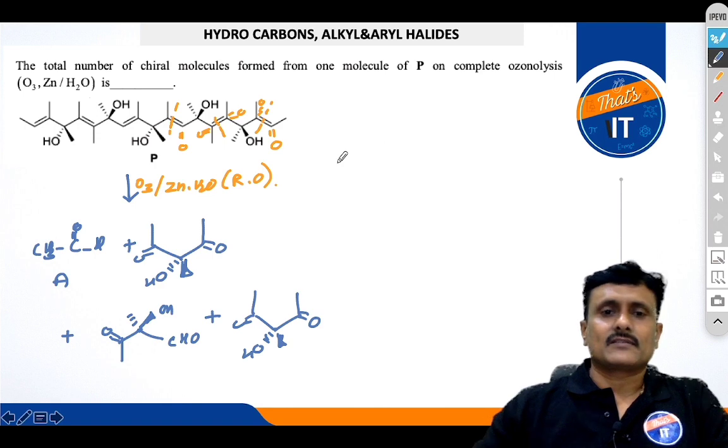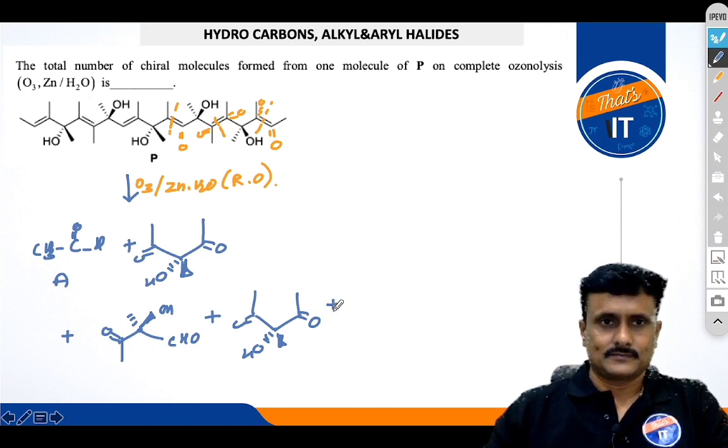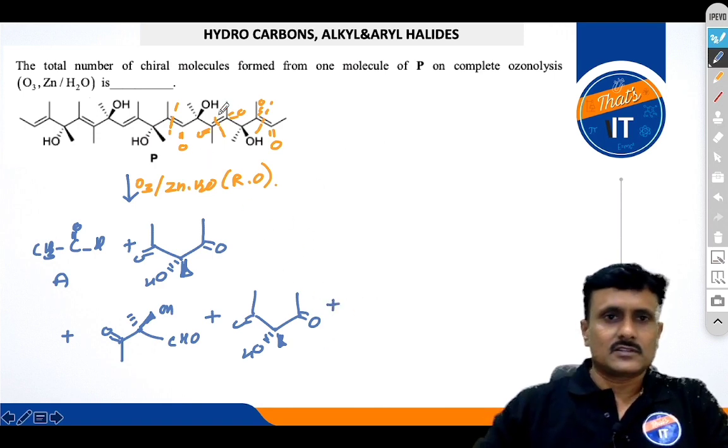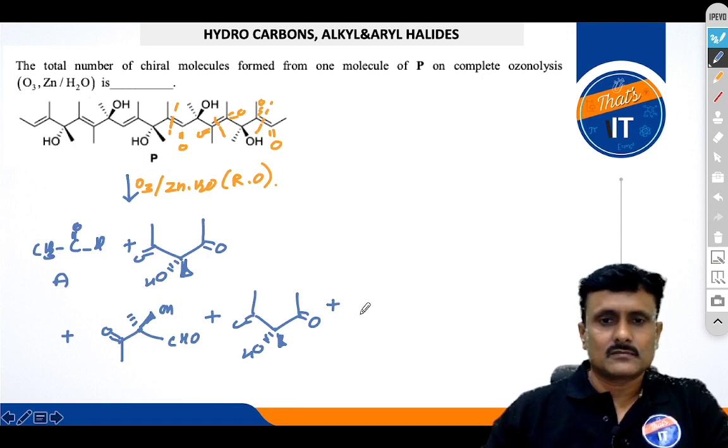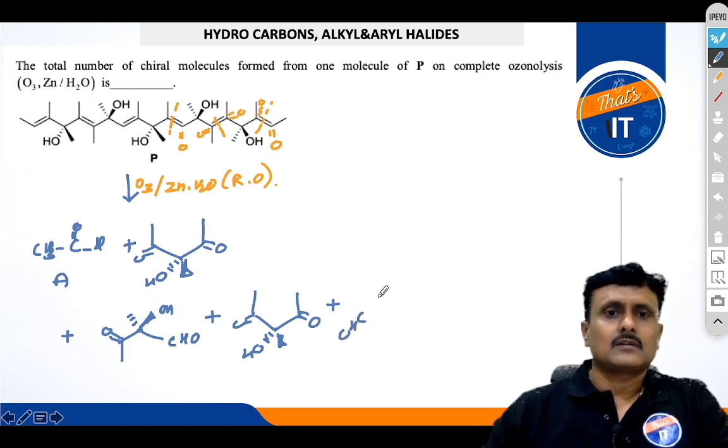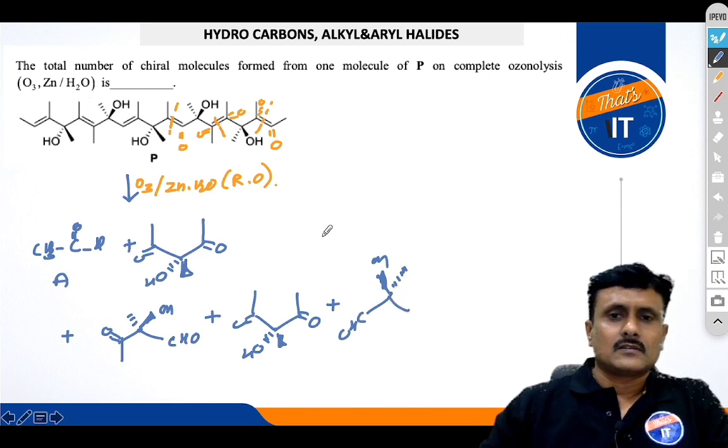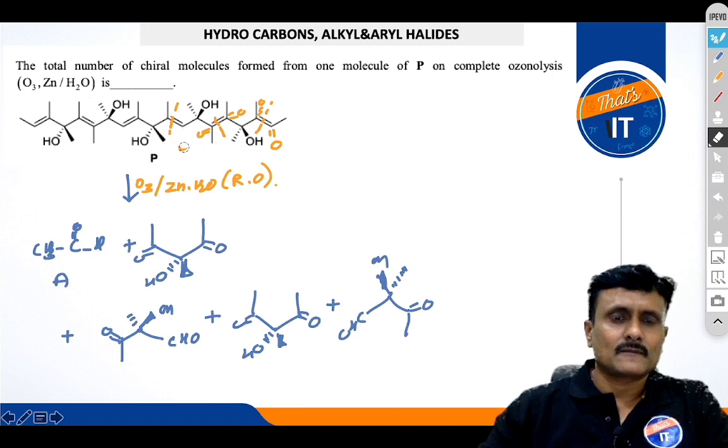Now what is that we are left out? Plus CHO. You can see this group is CHO. OH, CH3 C double bond CH3. This part is also done. Alright.